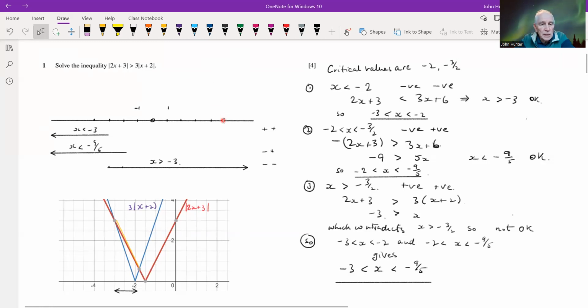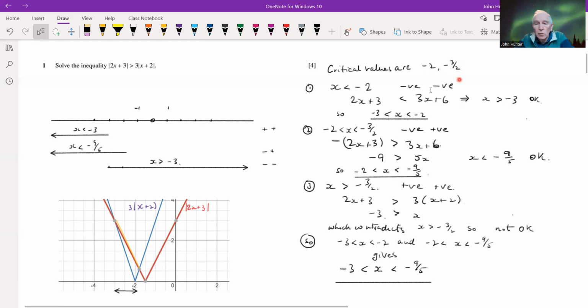If we've got two critical values, we've got three critical regions. So we're going to consider the solution in each of those three critical regions. Consider these two things on the number line.